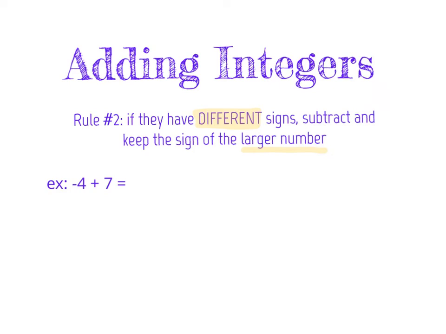Here we have our first example. Negative 4 plus 7. Notice only negative 4 is negative. 7 is positive, so they have different signs. That means I have 4 negatives and 7 positives that I'm combining together.